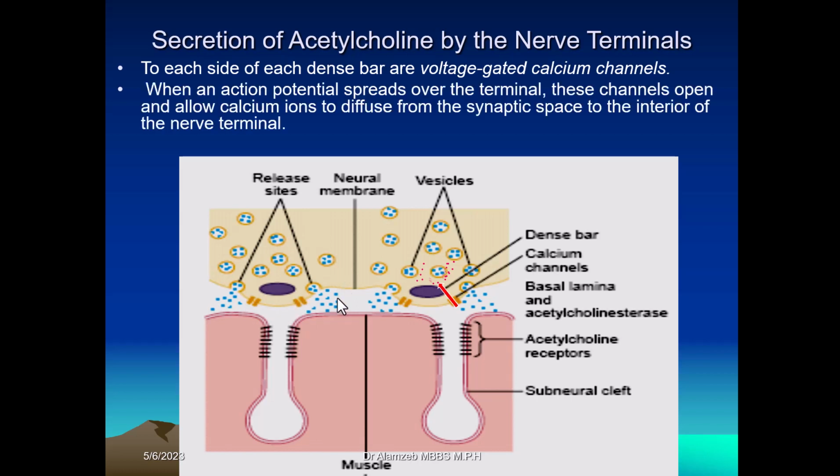When an action potential spreads over the terminal, these channels open. In normal conditions these channels are closed, but when the action potential spreads here, these channels open and allow calcium to diffuse from the synaptic space to the interior of the nerve terminal.